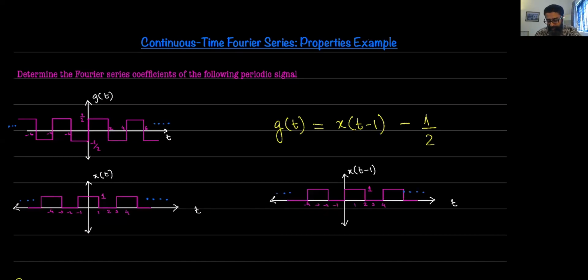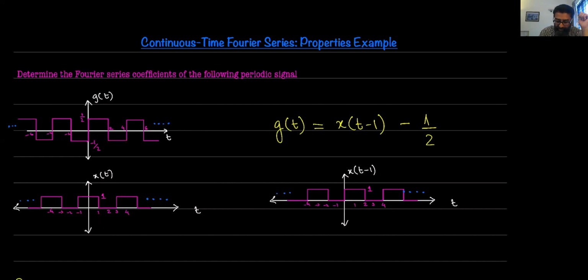So this is something I've demonstrated here. So this is x of t minus 1, which is just a shifted version of this signal by 1 second. And then you clearly can see that comparing g of t with x of t minus 1, the only difference is that g of t is actually just this signal shifted by half a volt to the bottom, so half of an amplitude to the bottom.